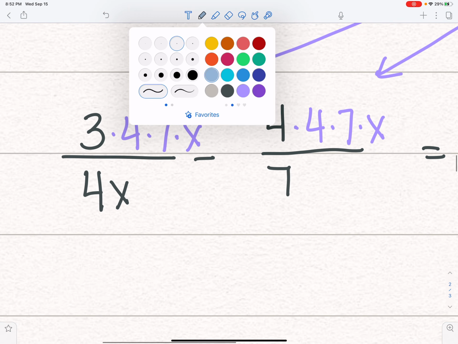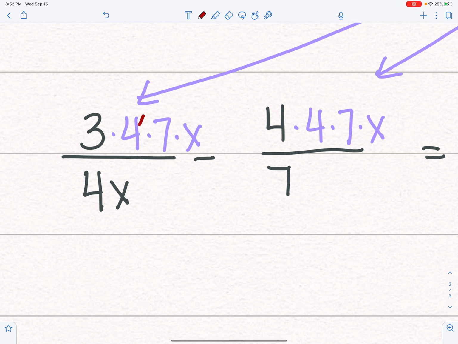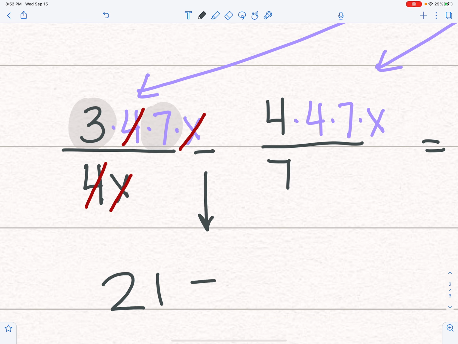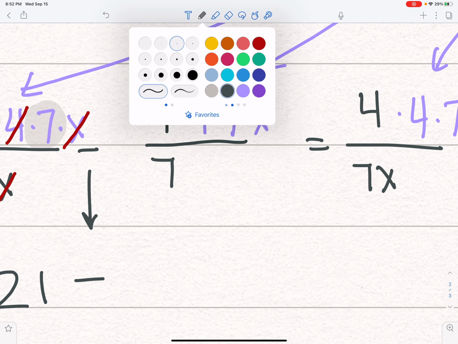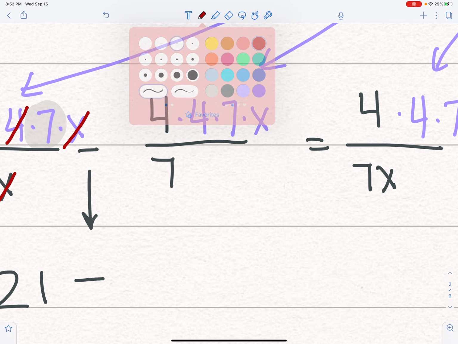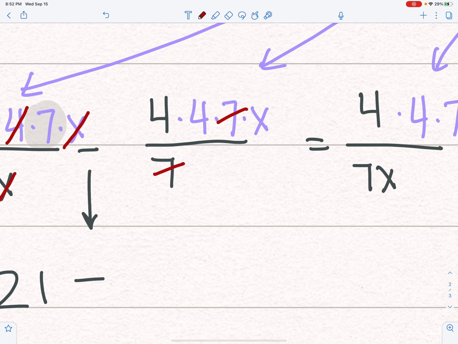In this first fraction, the 4's are going to cancel and the x's cancel. And so I'm left with, on top, 3 times 7. So there I've got 21. Carry down my sign, minus. In the second fraction, my 7's are going to cancel and nothing else.